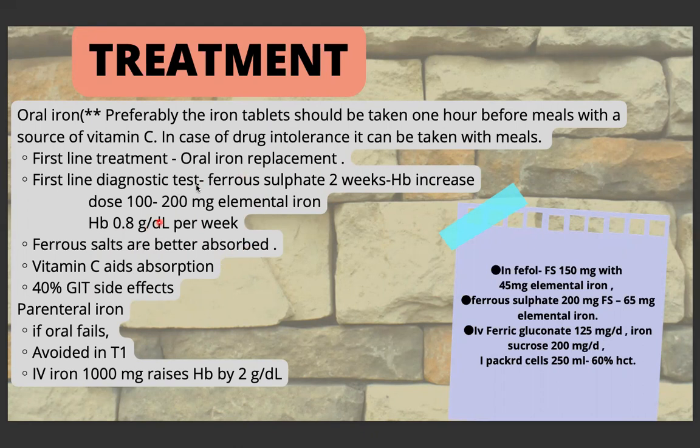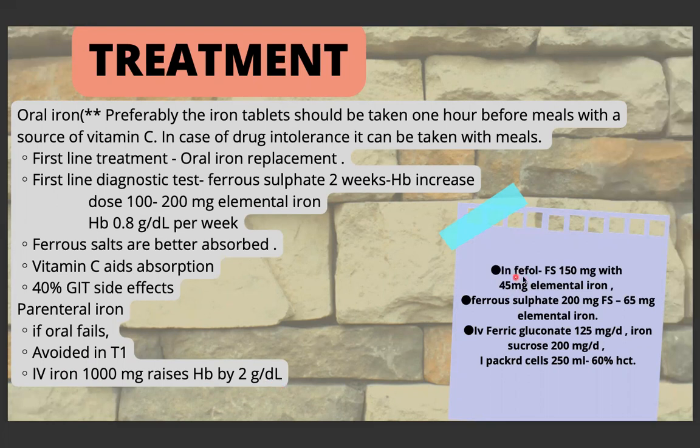That's why if oral tablet fails or the patient couldn't tolerate the tablet, we can give parenteral iron, but it should be avoided in the first trimester. And they found that IV iron can help and increase the hemoglobin by 2 grams per deciliter.